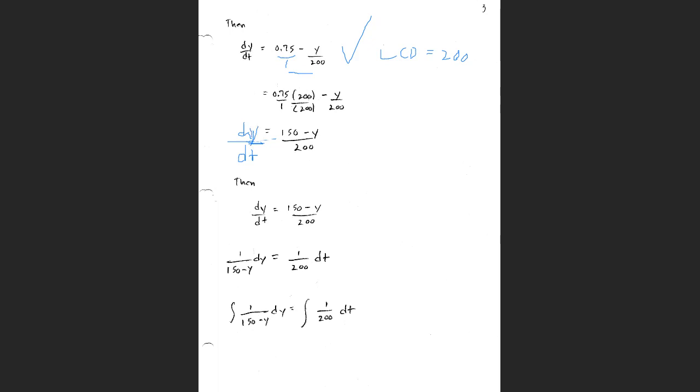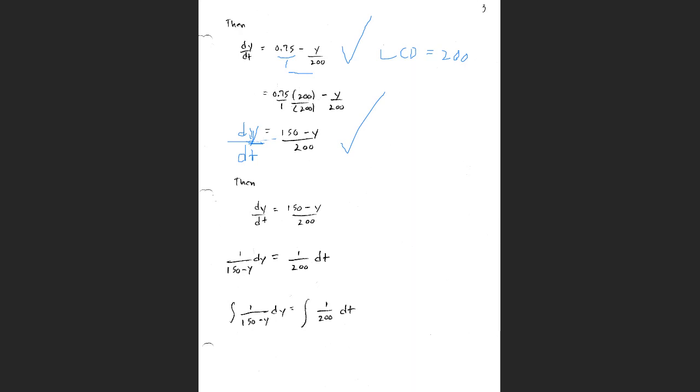So in section 7.3, for some of the applied problems, you have to come up with the differential equation, just like we're doing here. Are there any questions up to this step? All right, well, the next thing we want to do now is try to solve the differential equation.